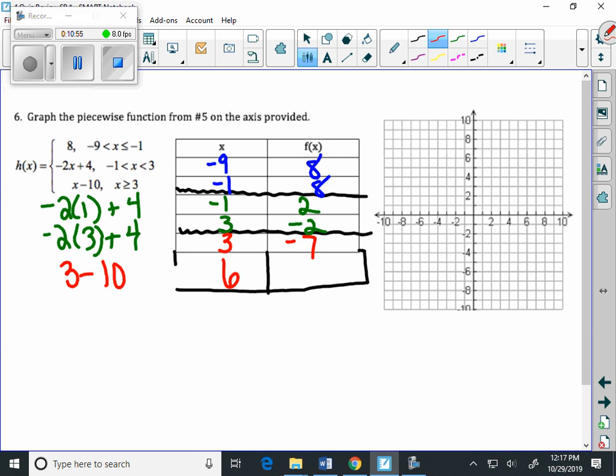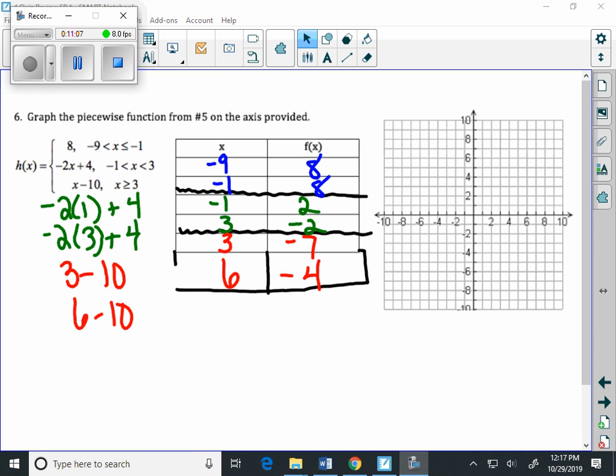And we're going to put the 6 in, or whatever you picked for that, which is 6 minus 10, which is negative 4. One little fix. It really should have been 2 times negative 1 plus 4. So 2 times negative 1 is negative 2 plus 4, which is 2.